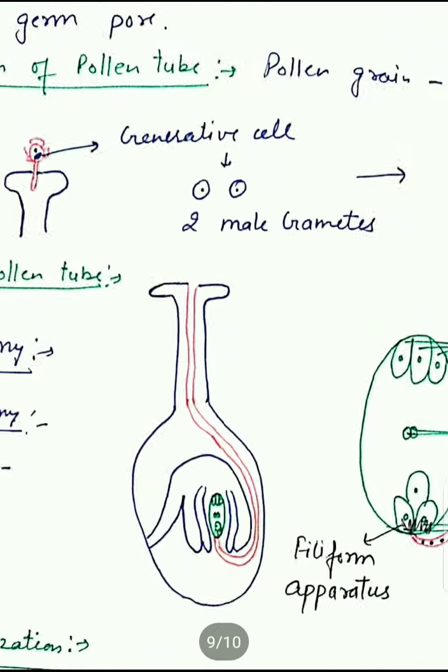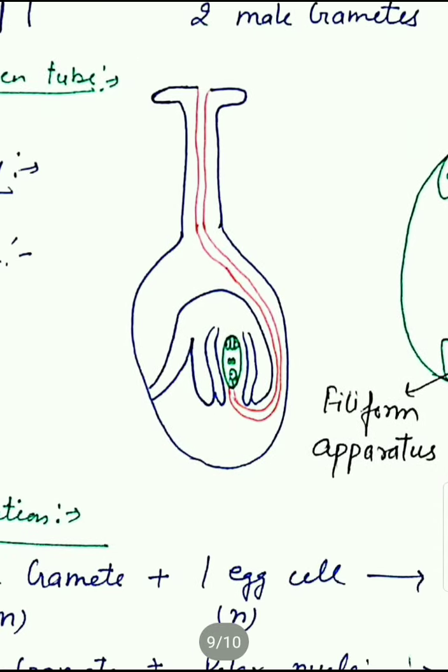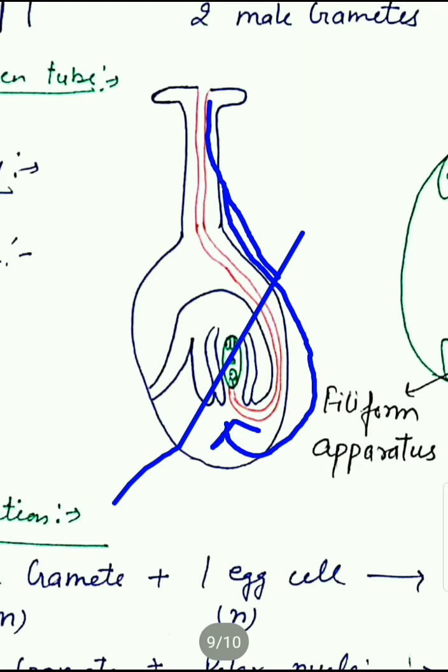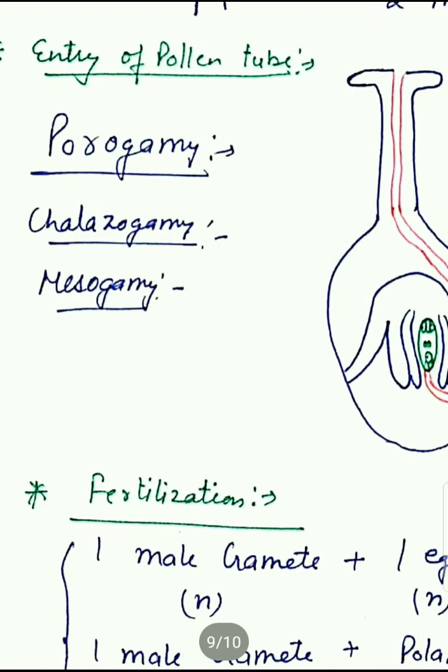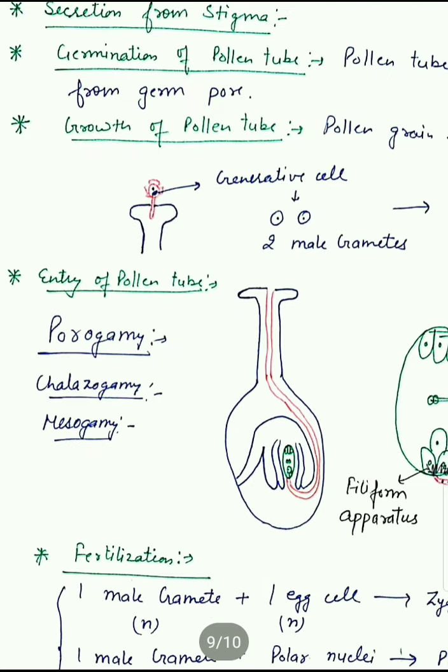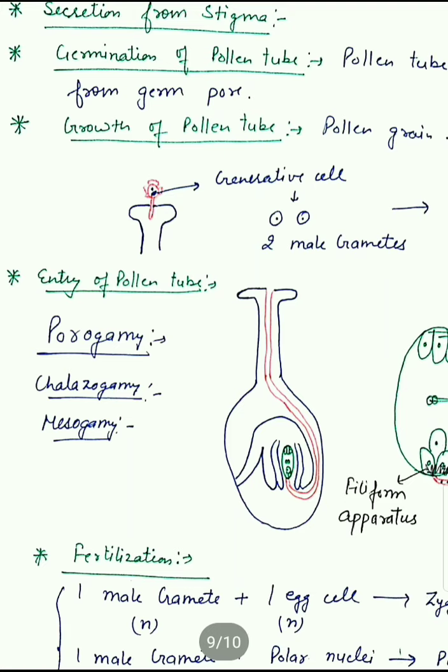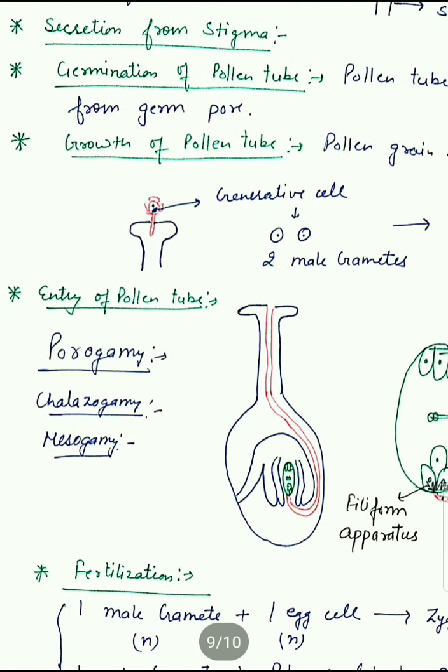So this is the entry of the pollen tube. You can see here the pollen tube, and it enters the embryo sac through this micropylar end. As I told you earlier, this type of entry of the pollen tube is known as porogamy. It is of three types: porogamy, chalazogamy, and mesogamy. Porogamy is when the pollen tube enters through the micropylar end.